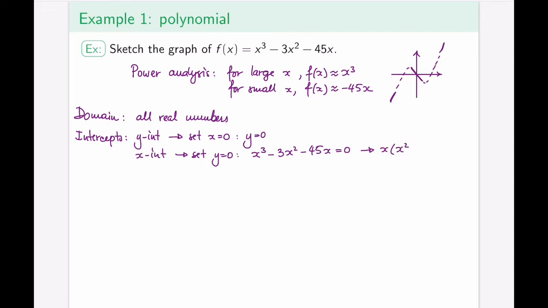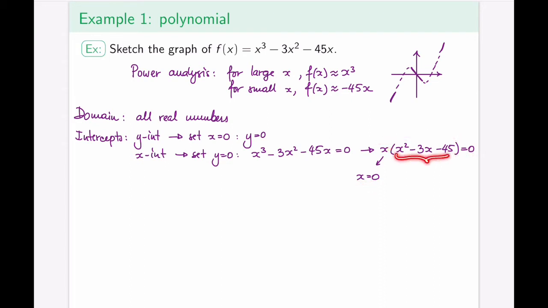And what am I going to have? x squared minus 3x minus 45 equals 0. So this will produce x equals 0 as one of the roots, because again, remember, the product of two things being equal to 0 means that either the first thing is 0 or the second thing is 0.